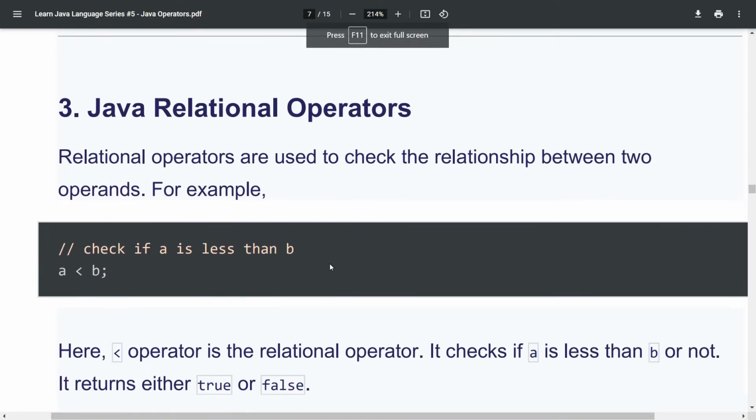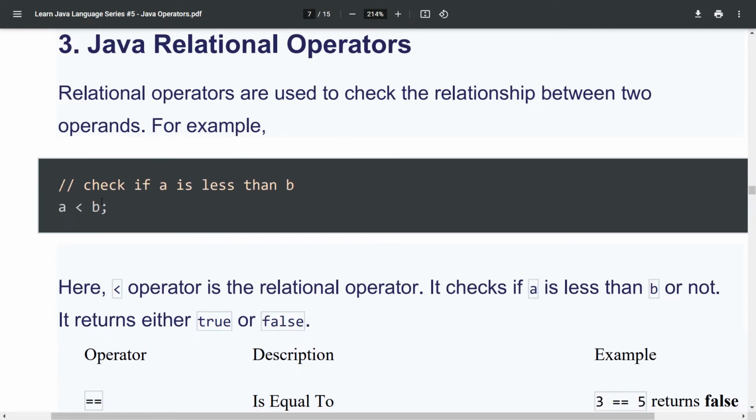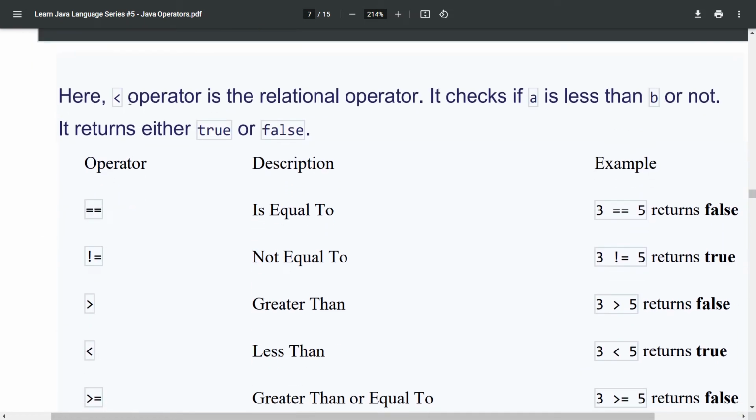Java relational operators. Relational operators are used to check the relationship between two operands. For example, checking if A is less than B. Here, less than is the relational operator. It checks if A is less than B or not. It returns either true or false.